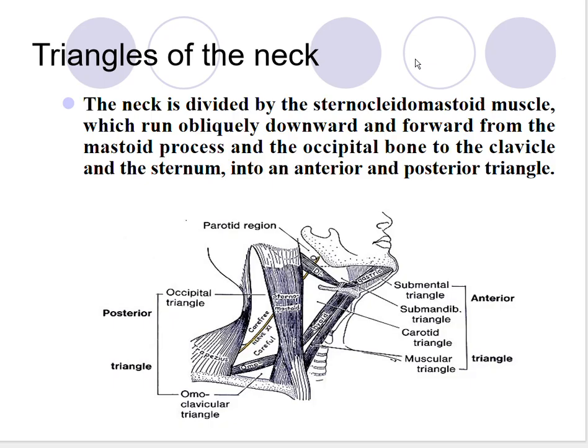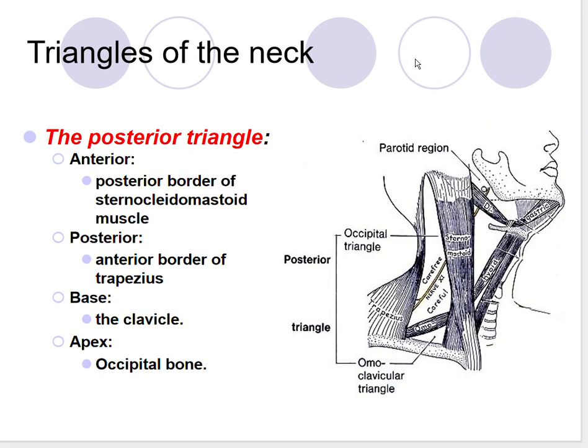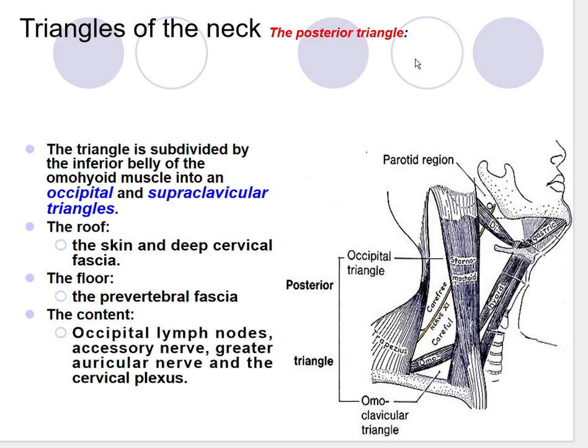So we can continue now, right? For the triangles of the neck, you can have your posterior triangle, where anteriorly it's bounded by the posterior border of the sternocleidomastoid, and posteriorly it's bounded by the anterior border of the trapezius. Then for the base, you have the clavicle, and the apex, you have the occipital bone.